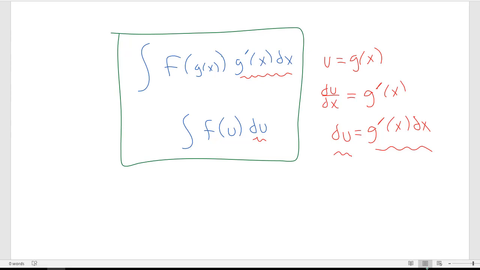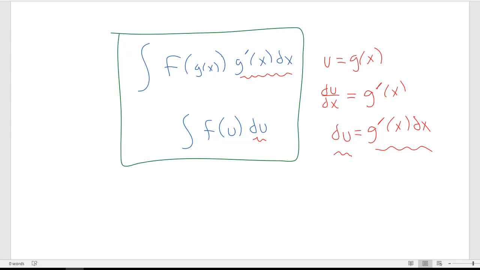So when we discuss strategy, as we continue to move through these problems, what we're typically going to do is look for the composition within the integral and let u be the inside of that composition, and that will 98% of the time accomplish the substitution working for us. There are one or two exceptions to that strategy, and we'll discuss what those are when we look at some examples.